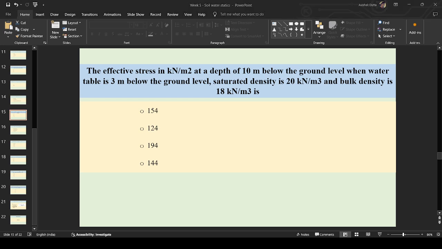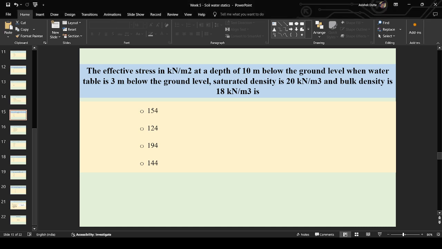Gamma W is not given? Wait, I'll tell you. In this question also take gamma W as 10. In the last question I mentioned 9.81, but in this question you take it as 10.